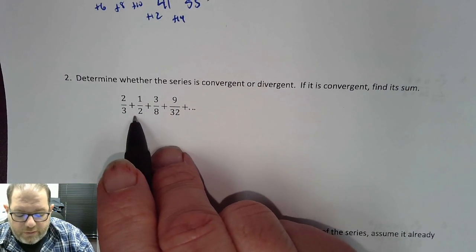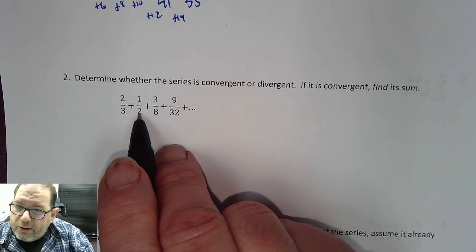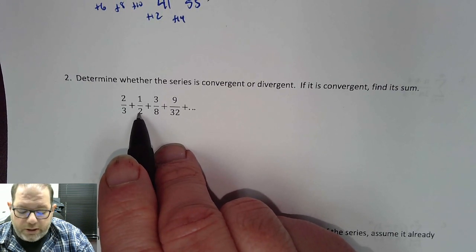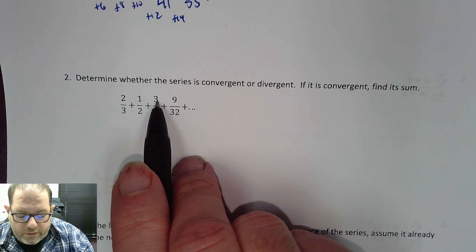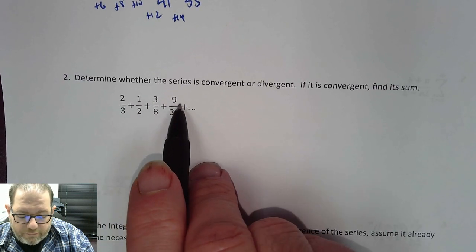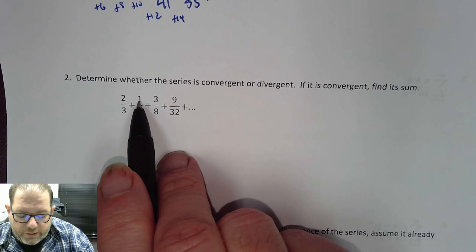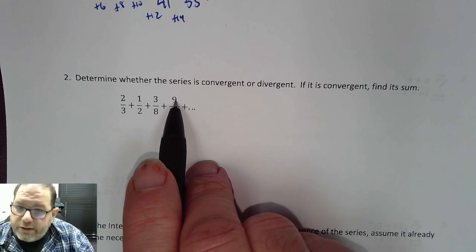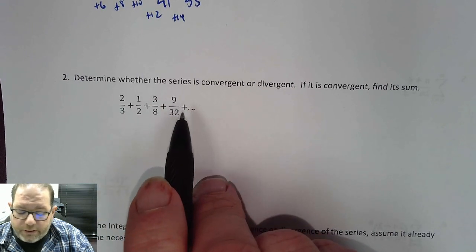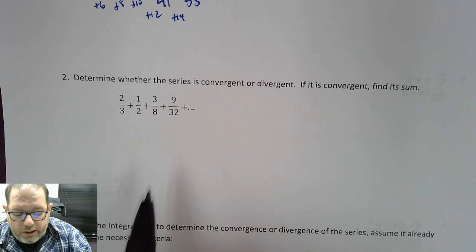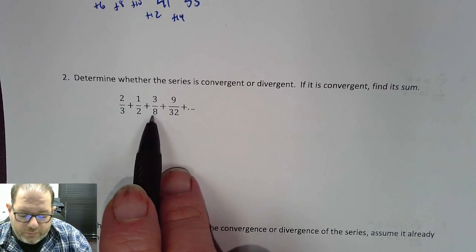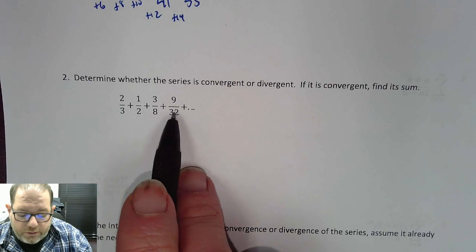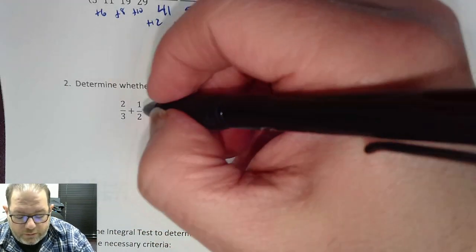Like from the first to the second term, both numbers got smaller, so it's hard to tell what that multiplier is. But then if we go from the second to the third to the fourth term, 1 times 3 gives us 3, times 3 again gives us 9. So it looks like we're multiplying by 3 in the numerator. On the denominator, 2 to 8 looks like we're multiplying by 4. 8 to 32, still multiplying by 4.